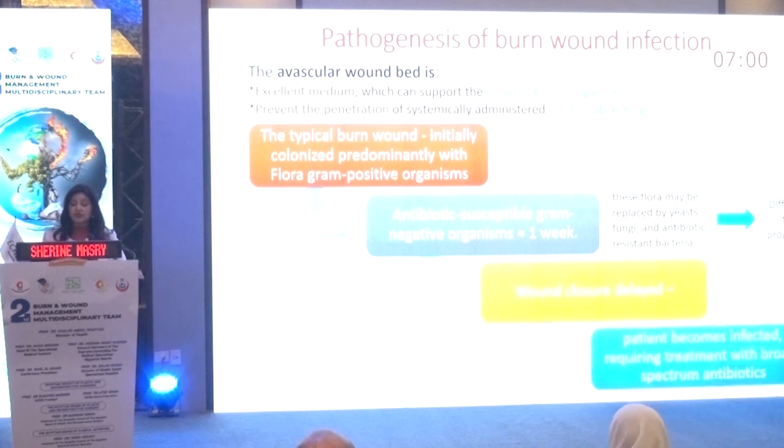After that, wound closure is delayed and the patient becomes infected, requiring more aggressive treatment with more broad-spectrum antibiotics, which complicates the problem of multi-drug-resistant organisms.